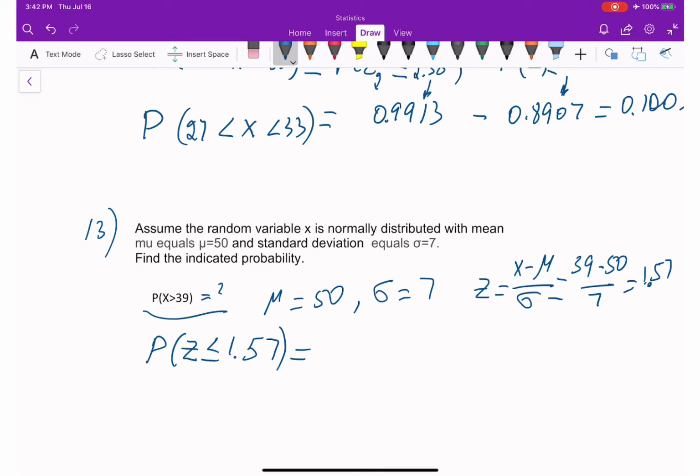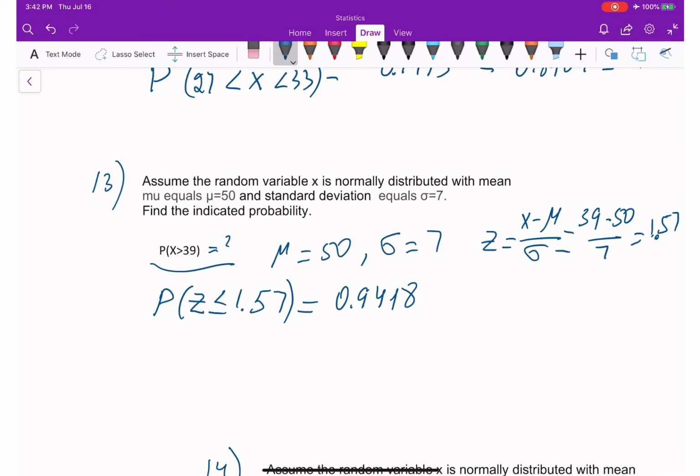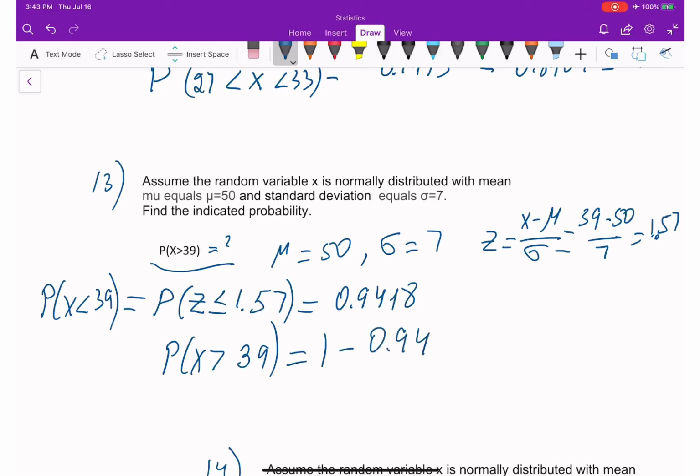If you look in the table, it's going to be 0.9418. All right, but this is probability for x less than 39, but we need greater than 39. So probability for x greater than 39, we are going to take 1 minus 0.9418.